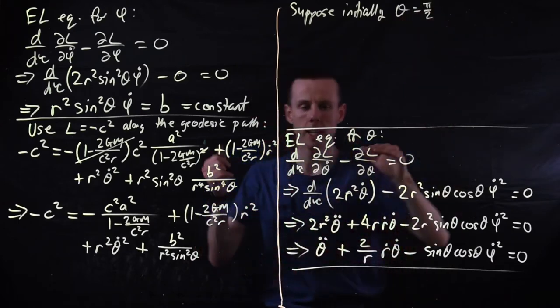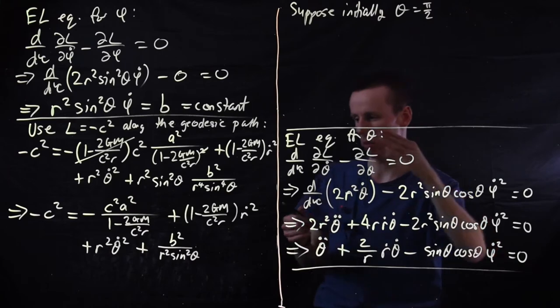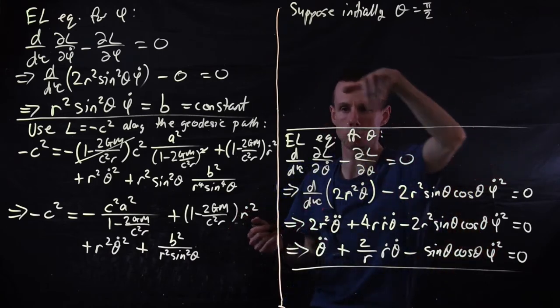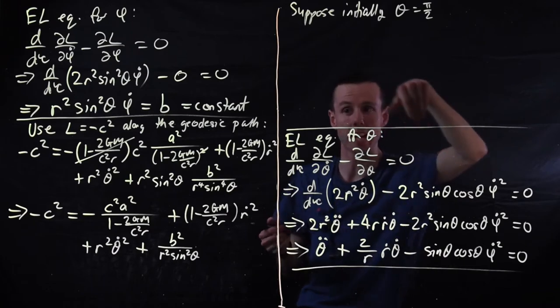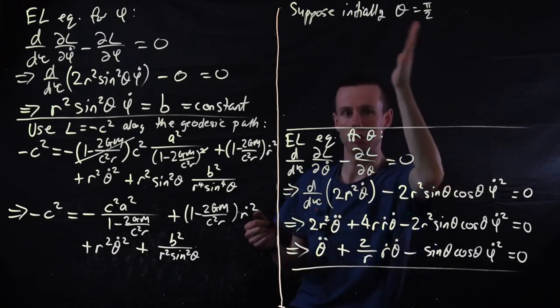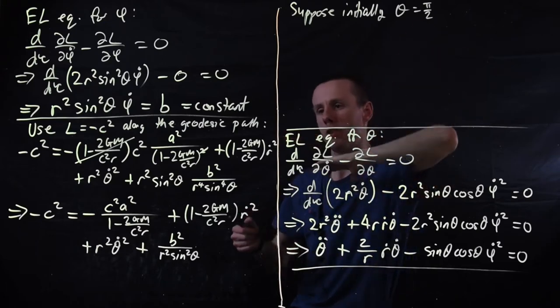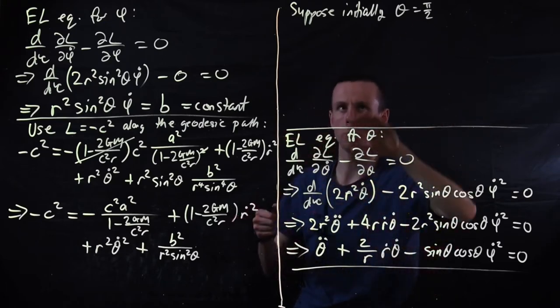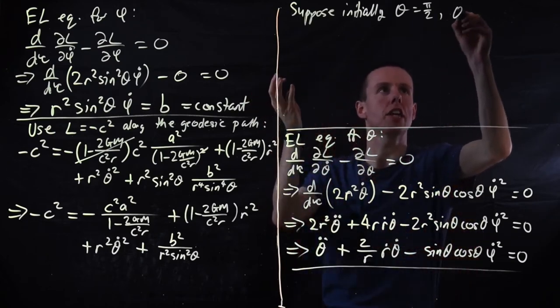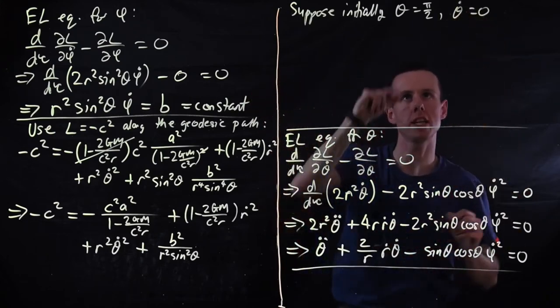In other words, let's suppose that initially our planet, the Earth, let's say, moves initially, at least, in the plane theta equals pi over 2. That's the horizontal plane, the xy plane. Remember, theta is measured from the z-axis down, so theta equals pi over 2 is the horizontal, equatorial plane. And suppose also that initially theta dot is equal to 0.